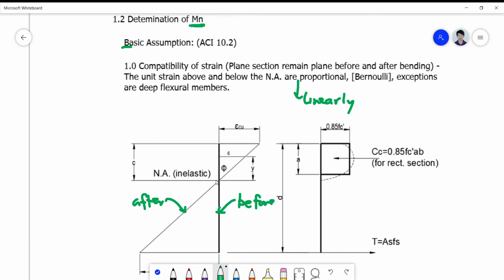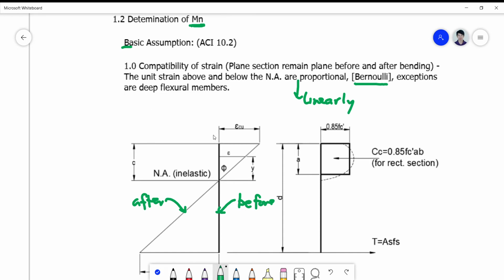Okay, so I will discuss this to you when we go to ductility. More of this. Okay, so this compatibility of strain is actually simplified on the basis of Bernoulli's principle, which of course exempts flexural members which are deep.